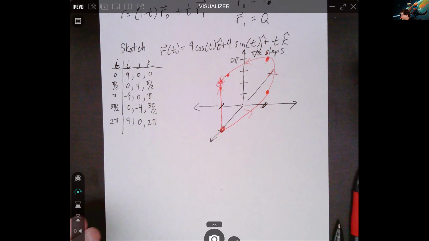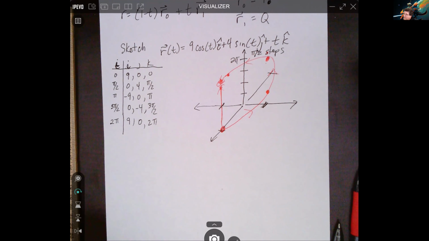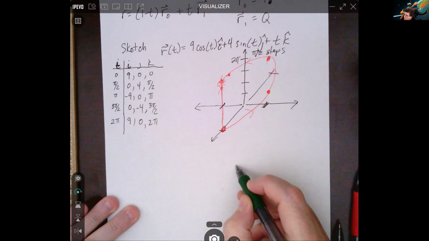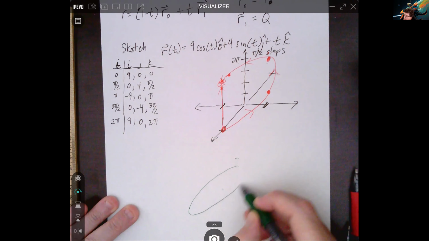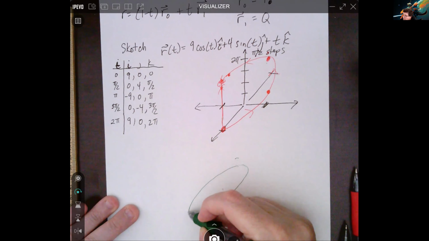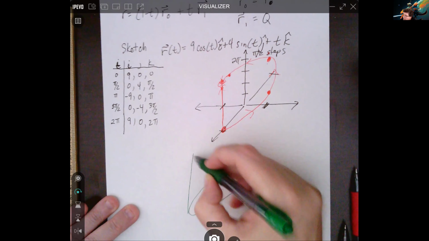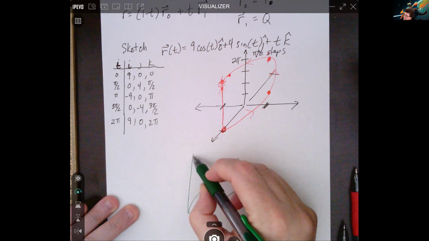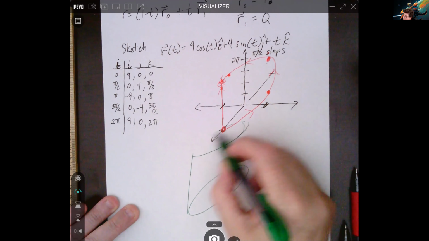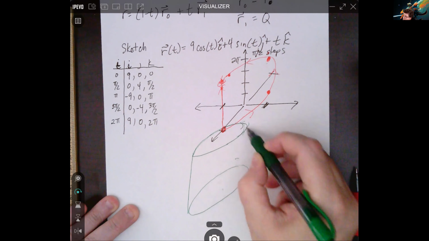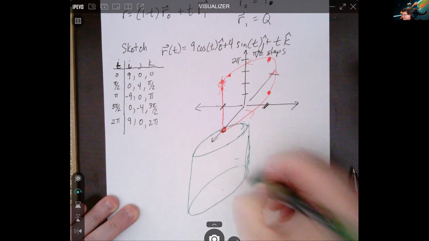Let me grab it. I could do it in green here. Let's just do it real light. I'll add coordinates after I do it. God, that came out bad.